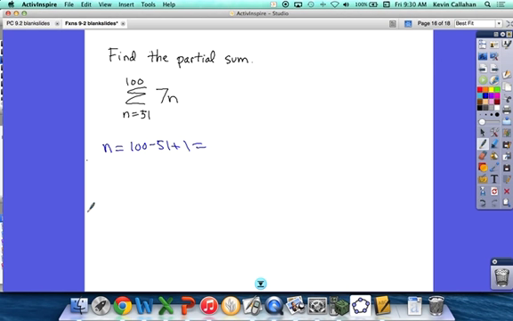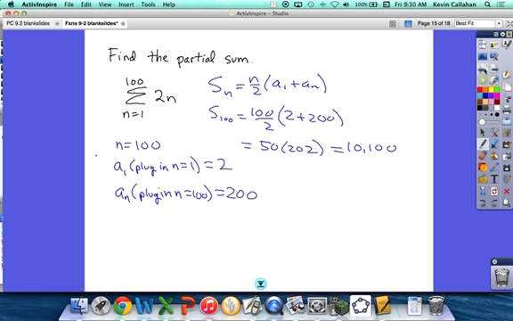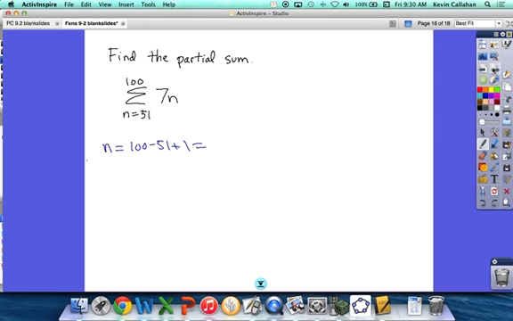Remember, you subtract the upper limit minus the lower limit, then add 1. Even in the one we did before, 100 minus 1, 99 plus 1, right? It's not enough just to subtract. You always got to add 1. So in this one, it's 50.